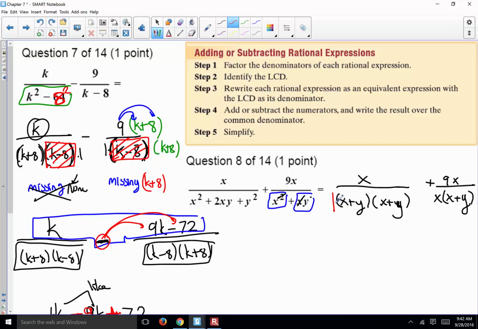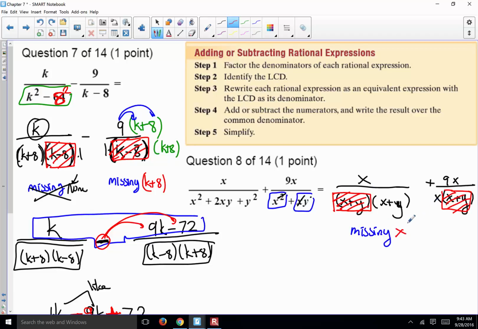Now take your color pen and see what's matching already and cover them. These are matching already. I'm covering these up. Compare leftovers on the left and right now. This has extra x plus y. This has extra x. So this side is missing what? An x. Perfect.